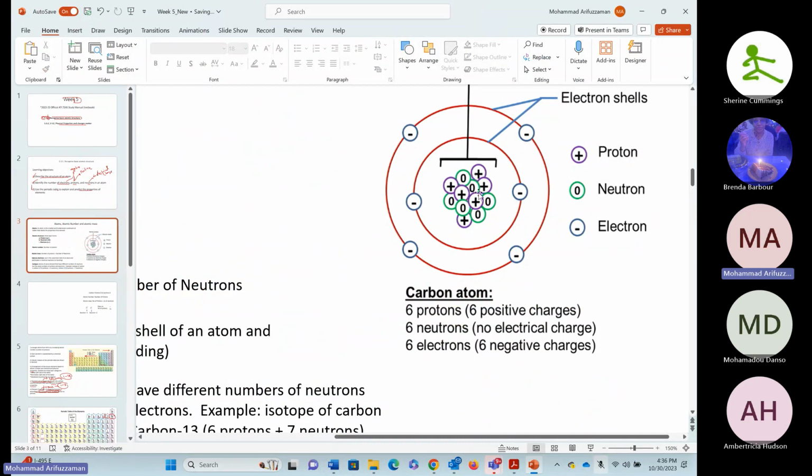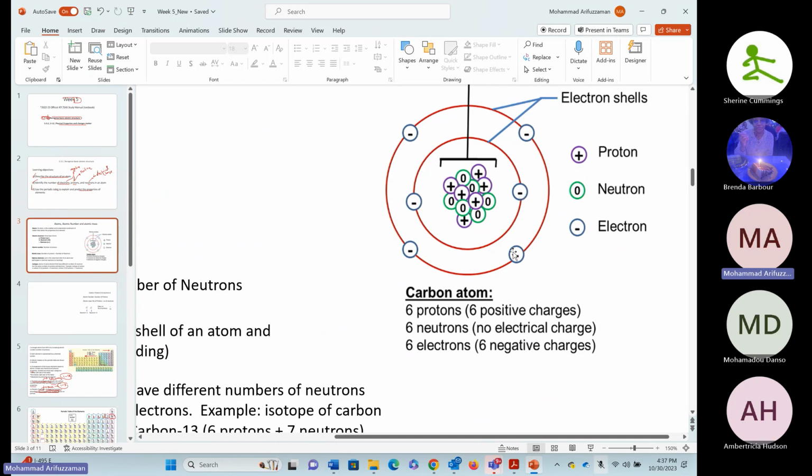Protons carry positive charge, electrons carry negative charge, and neutrons have no charge. The number of protons determines the atomic number, and the number of protons plus neutrons determines the atomic mass or mass number. And the electrons are involved in ionic bond formation or chemical bonds.